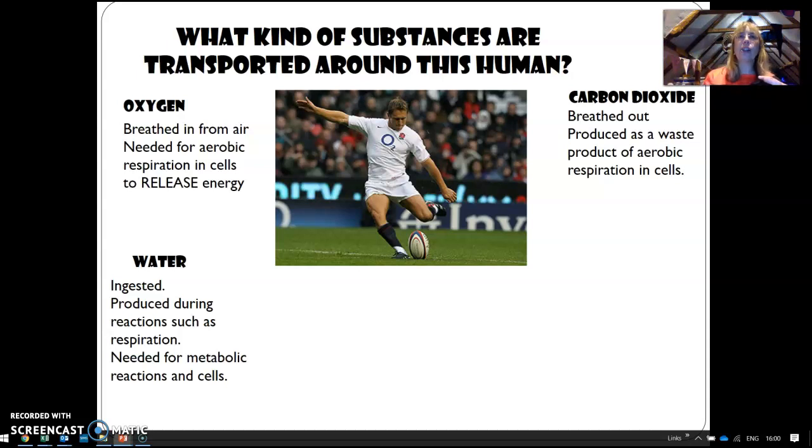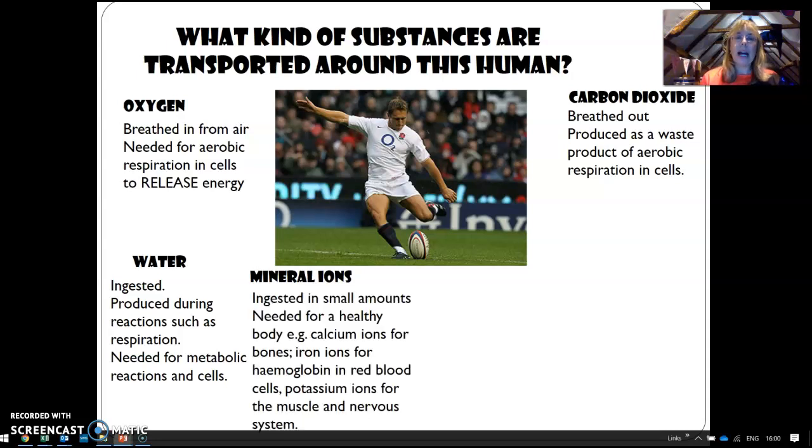And these chemical reactions that build up and break down in our body are often referred to as metabolic reactions. So if you hear that term, it really is just about the chemical reactions that build things up, break things down in our body.